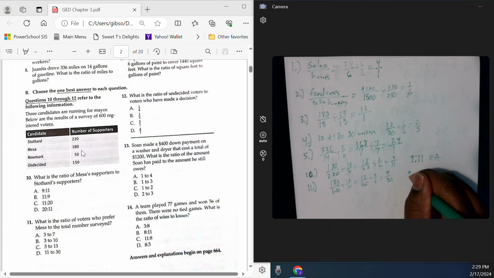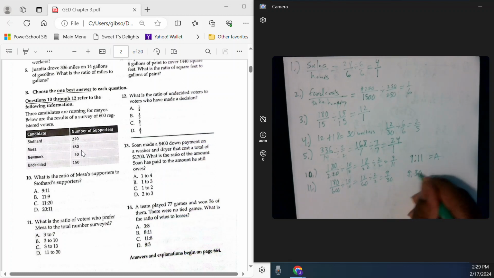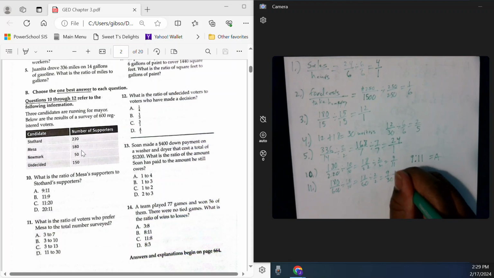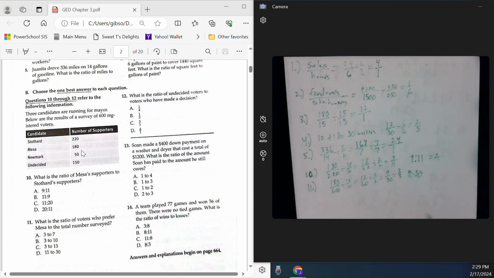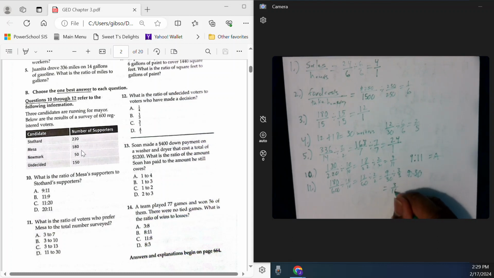So we'll write this out as 9 colon 30. Oh, and they actually had the word "to". So it'd be 9. Oh, actually, we could simplify this again. So I stand corrected. We could divide both of these by 3, and that would give us 3 over 10. And so we know if we wrote this as a colon, it'd be 3 to 10, and then the word "to", it'd be 3 to 10, which would be B.